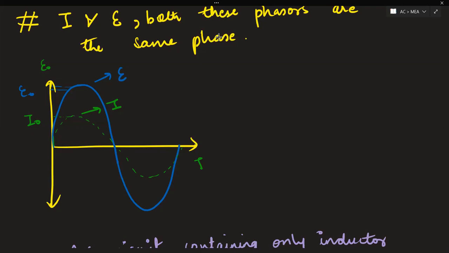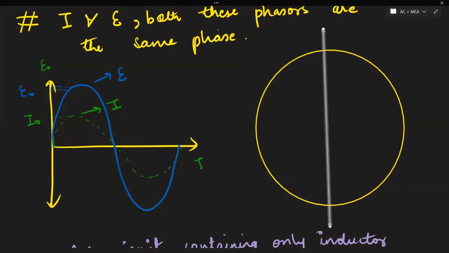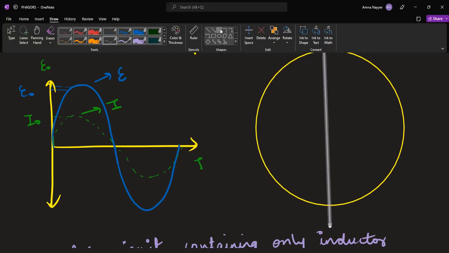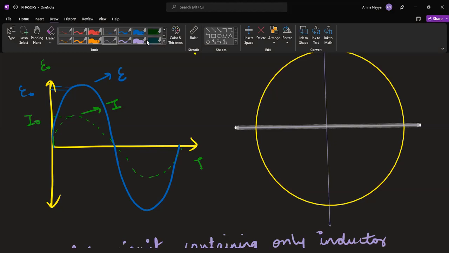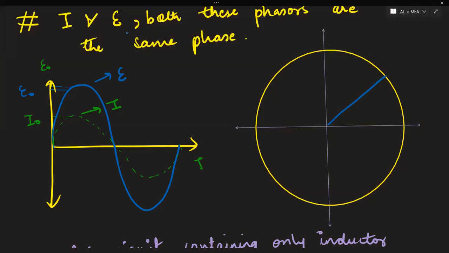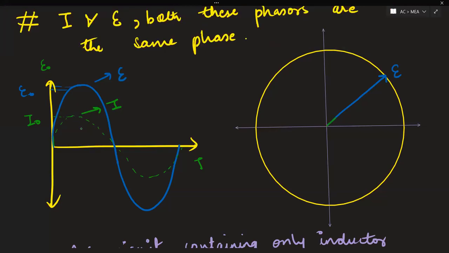Now, even if I want to show it on the phasor diagram, which we have studied, see how I will show it. Both are exactly in the same phase. So EMF will be here, let's say. Current will also be in this phase only.